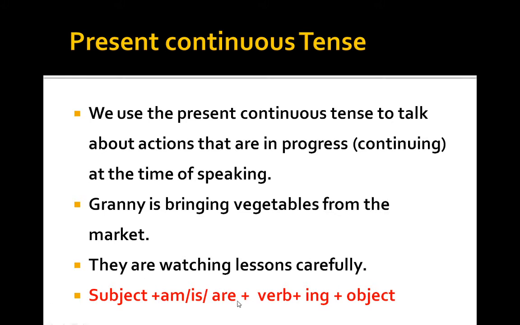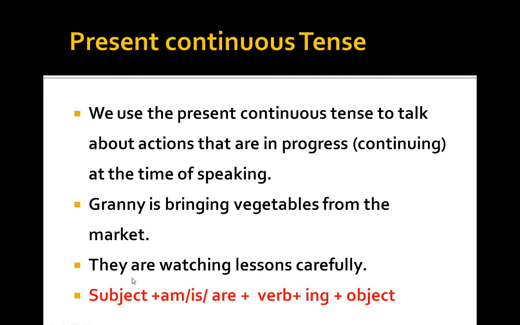And suppose a plural noun is the subject, like people or dogs, then you should use are instead of am and is. Okay, students, I think you got an idea.